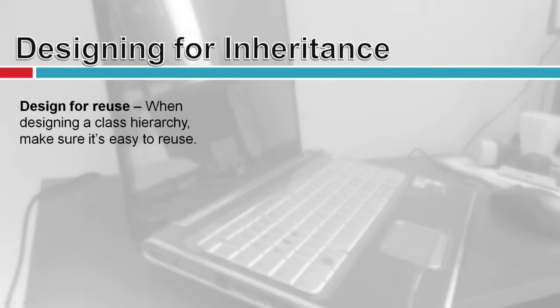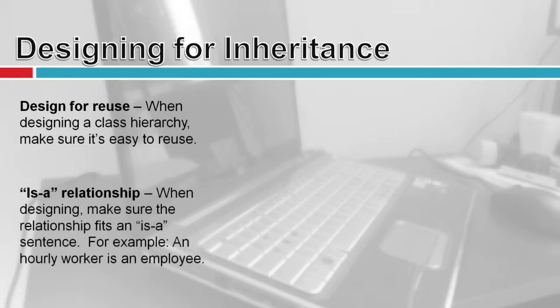It's a little too specific. But if I said vehicle, well, there are a lot of things that are vehicles. It's fairly broad. So when I'm designing it, I want to capture as many items as I can, as broadly as I can, so that I can share common tasks.